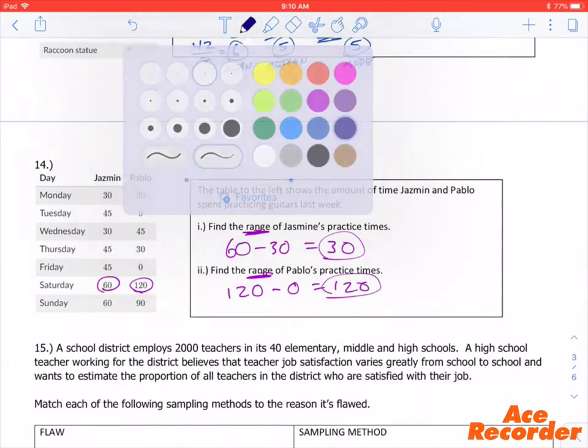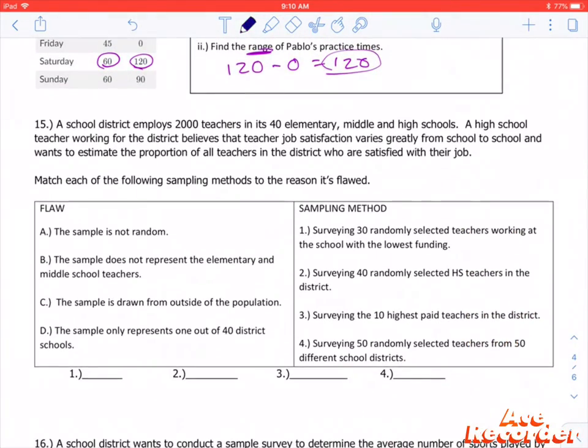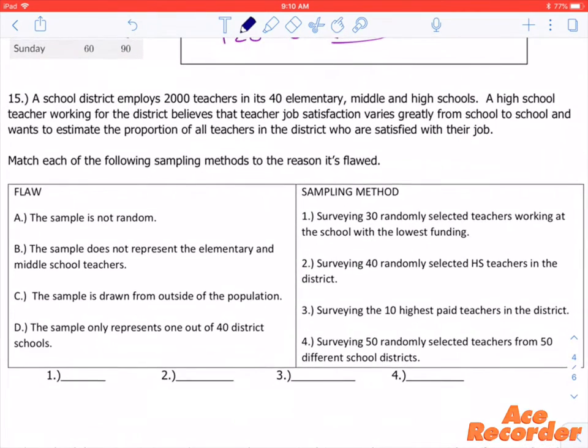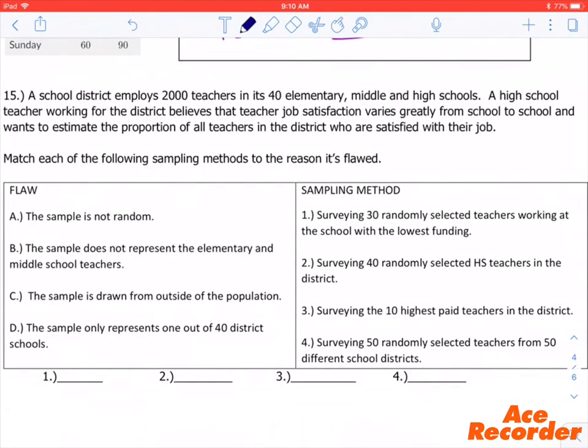Okay? So number 15, this is talking about taking data and what can be a good method of taking data. So a school district employs 2,000 teachers in its 40 elementary, middle, and high schools.